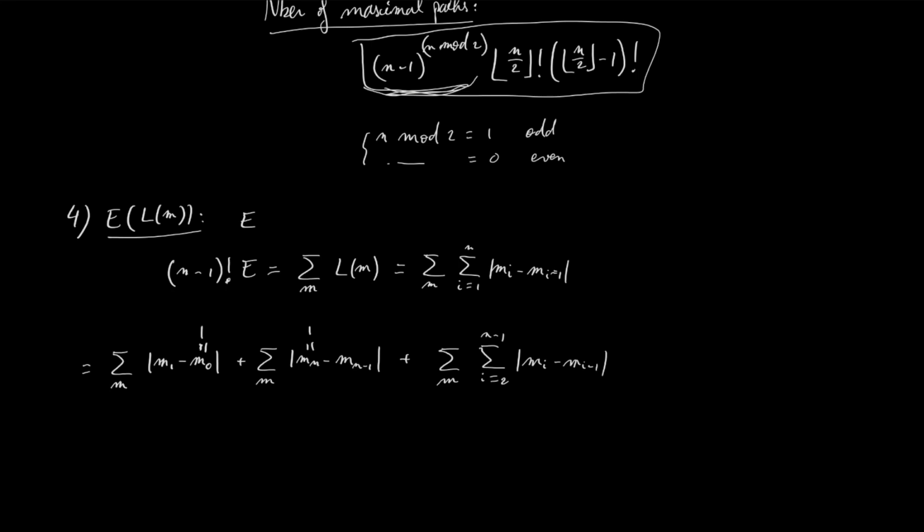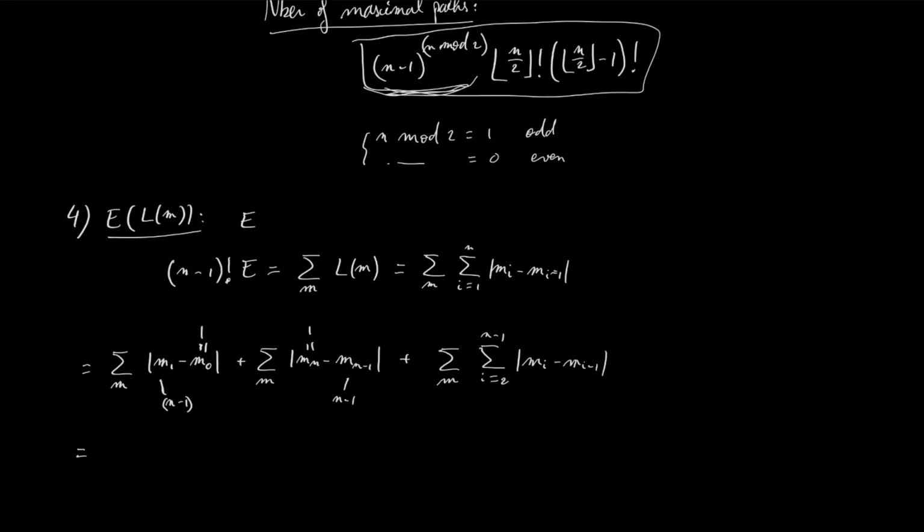So notice that for that sum, the number m_1 can take n-1 different values, same for the number m_{n-1}, and when we have chosen among these n-1 values, there are still (n-2)! possible ways to arrange the numbers m_2 to m_{n-1}.